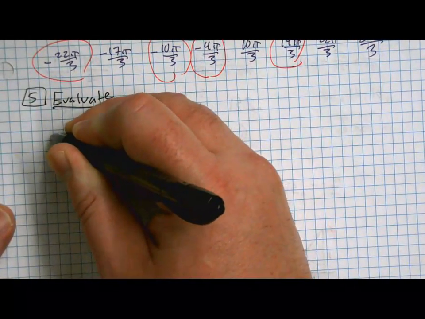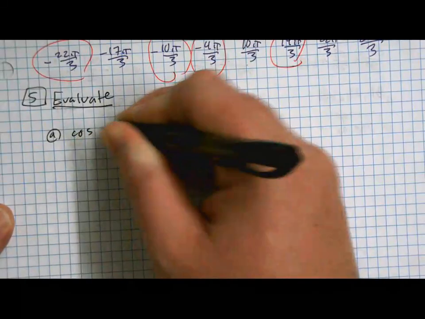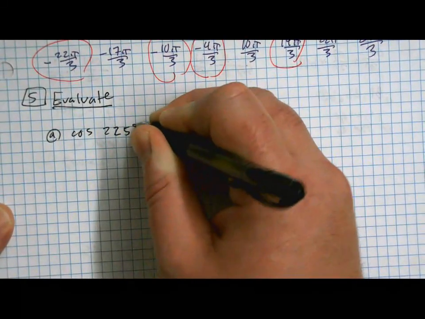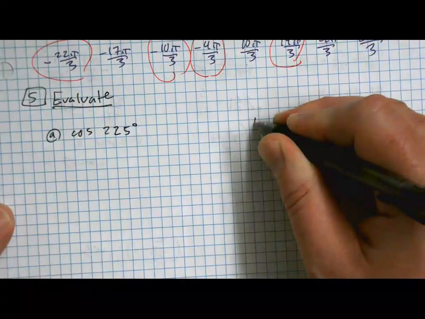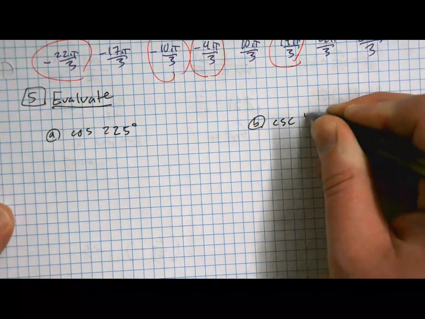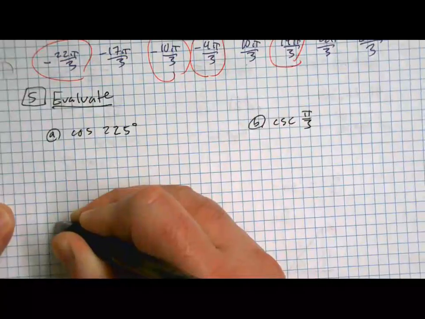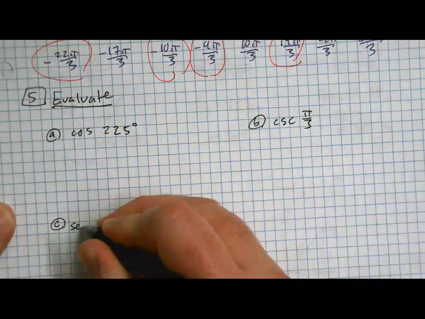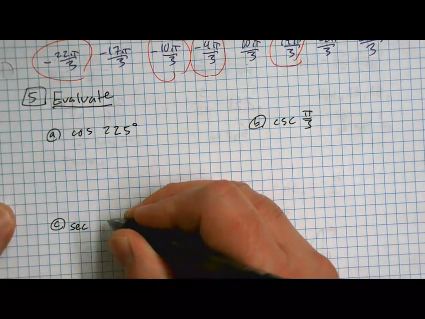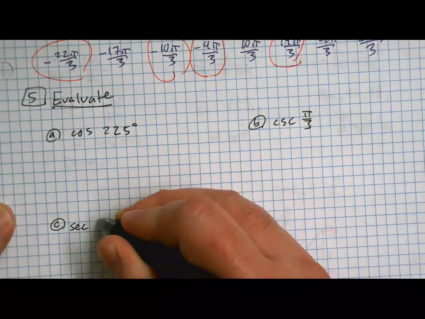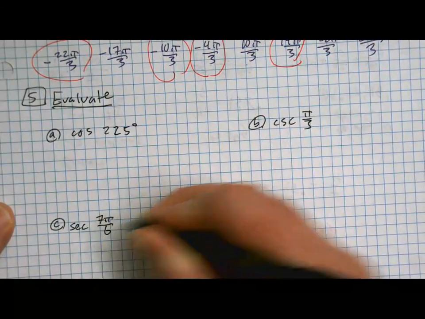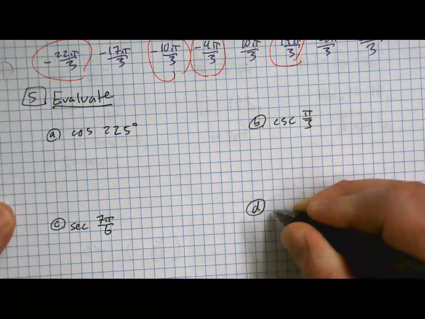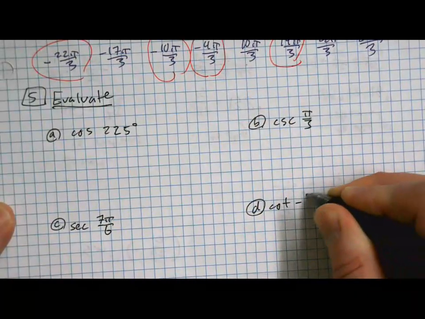So we're going to do 4 of them. Cosine 225 degrees. The cosecant of pi over 3. The secant of 7 pi over 6. And the cotangent of negative 3 pi over 2.